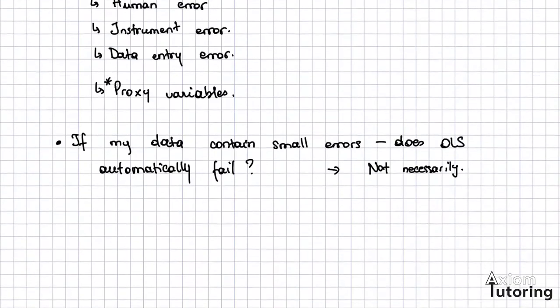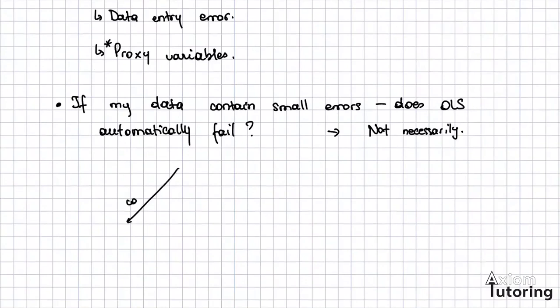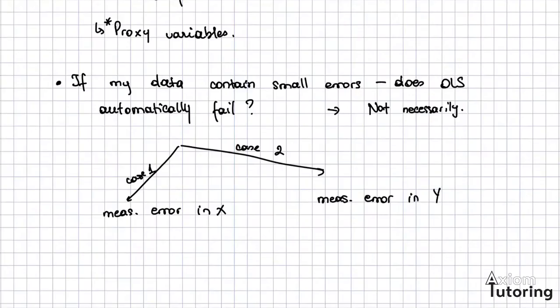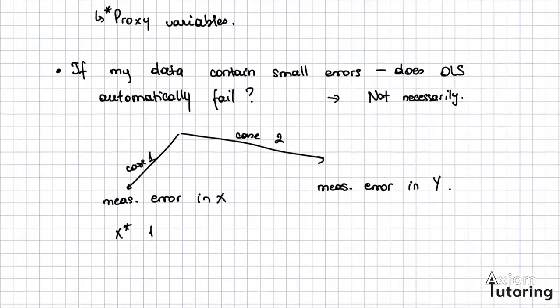The two very different cases that we will see are case 1, measurement error in X, and case 2, measurement error in Y. In measurement error in X, X star is the true regressor, which means that instead you observe some X, which is equal to X star plus some error.